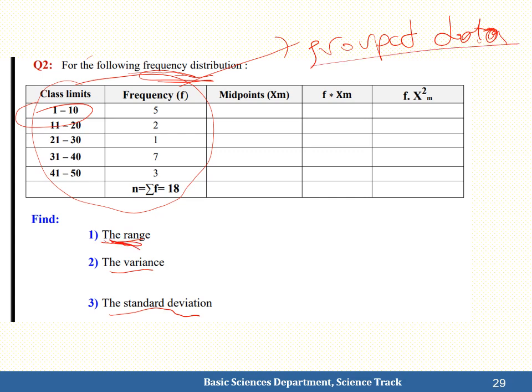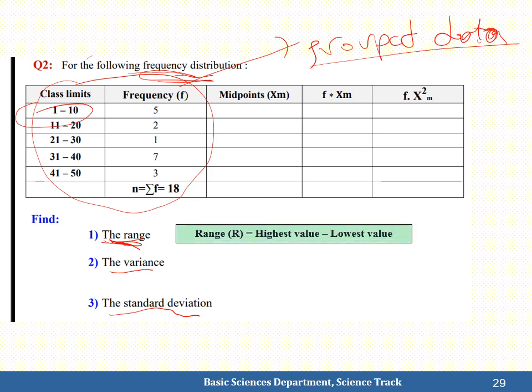What's the range? The range of data is equal to the highest value minus the lowest value. But this is grouped data. We don't know the actual data values, but we know the class limits for the data. So you can choose the lowest one as the first class lower limit, so this is 1. The highest one is 50. So you get 50 minus 1, which is 49.